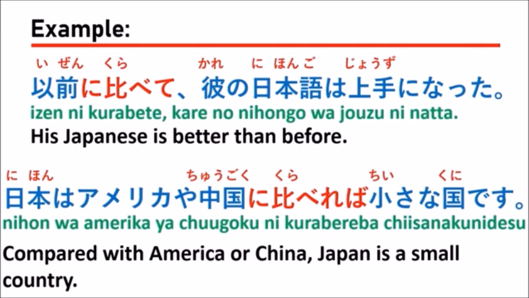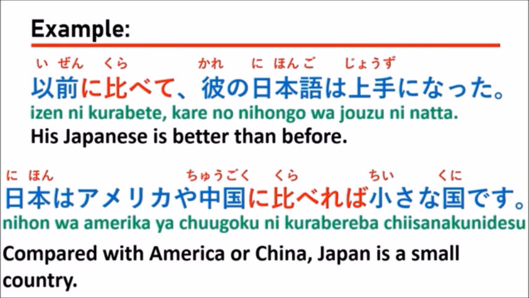But when you translate directly, you should know the difference between に比べて, に比べると, and に比べれば. に比べれば and に比べると are very similar. That means you have to begin with "if."